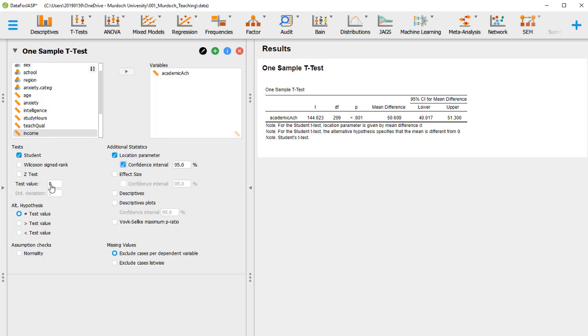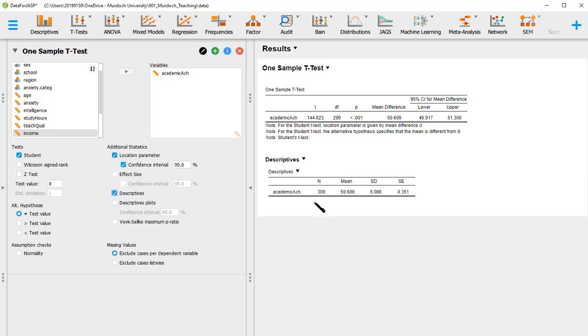I'm going to show you that when I show you the descriptives here. So I tick descriptives, and we've got academic achievement N equals 300, so we had 300 observations, and the mean is 50.609. And you can see that in the parameter estimation, the mean difference is 50.609. Why is it mean difference here and mean here?